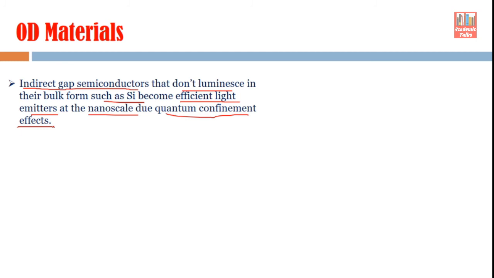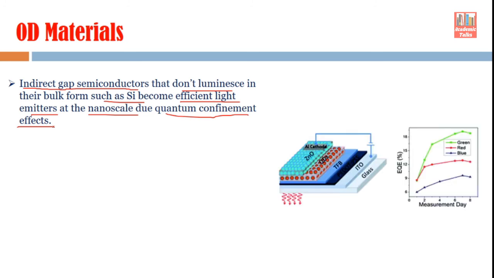In bulk form it doesn't emit light, but in quantum dot form it emits light. So, that is one interesting property of 0D materials, that even indirect band gap semiconductors can be used to form a LED or other optical based devices.